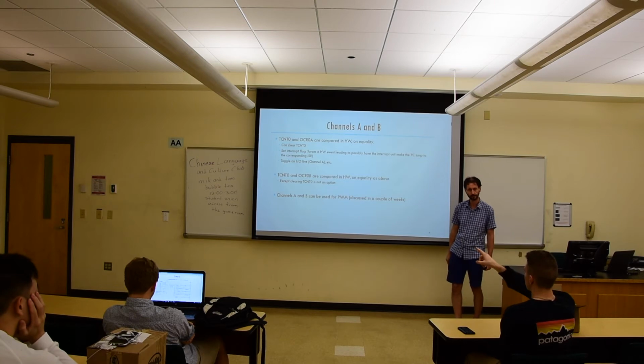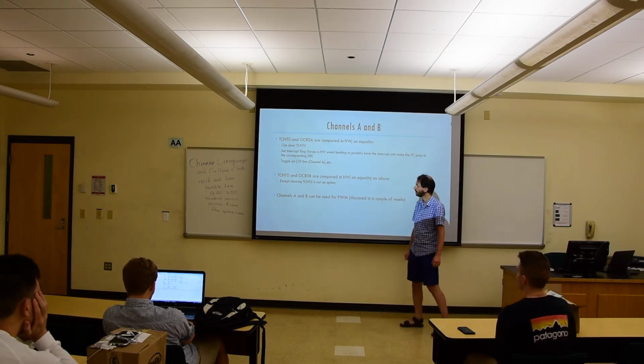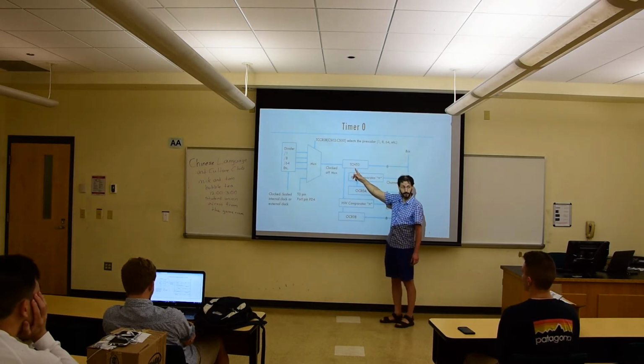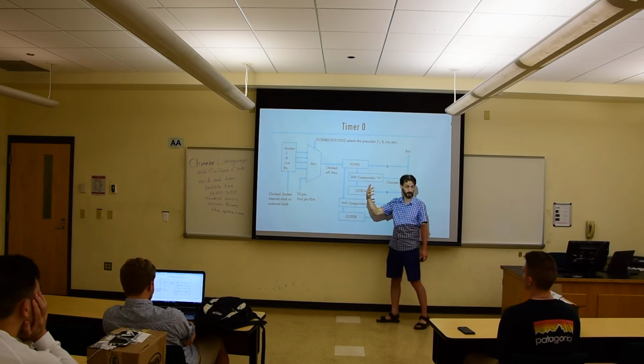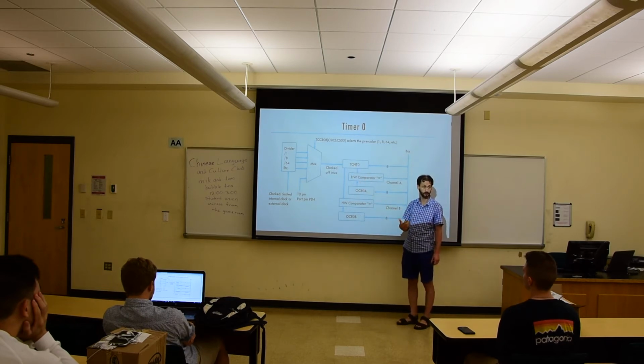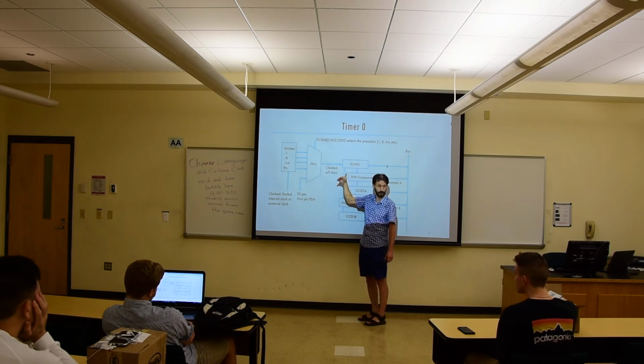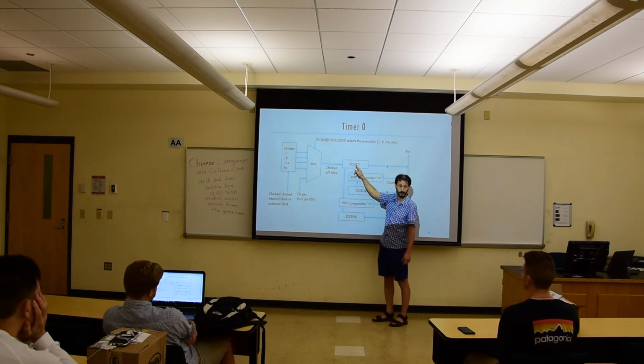So what are these registers up here, the TCNT0 and the OCR0A? What does each of them do, and how are we going to use them? So the TCNT0 is a counter, and the counter goes from 0 to 1 to 2 to 3 to 4, and it's clocked, so it happens at a regular rate. This is your timer 0, and it's just a register that you can even read in your program.